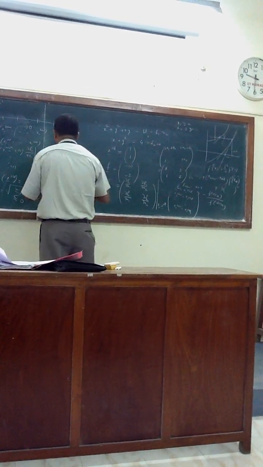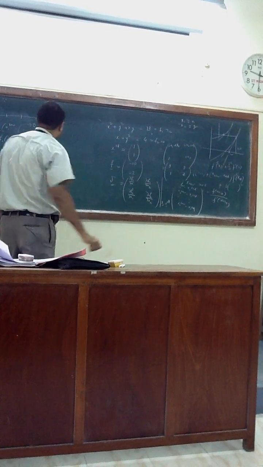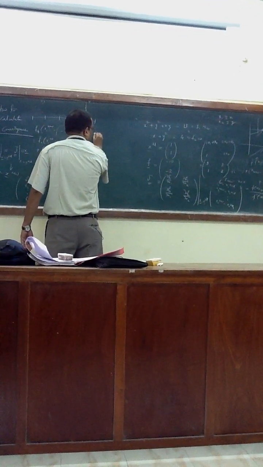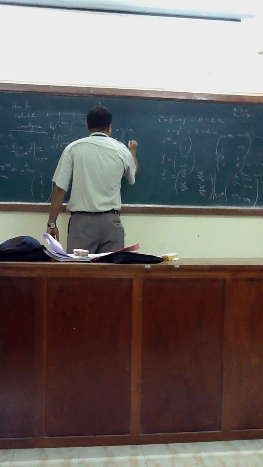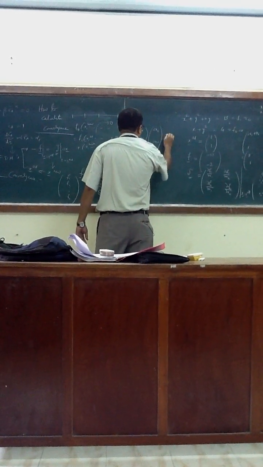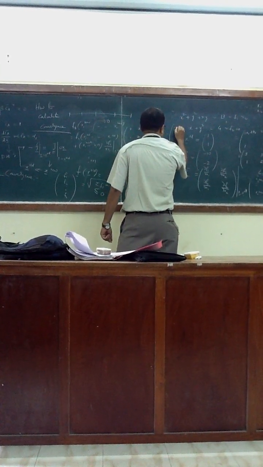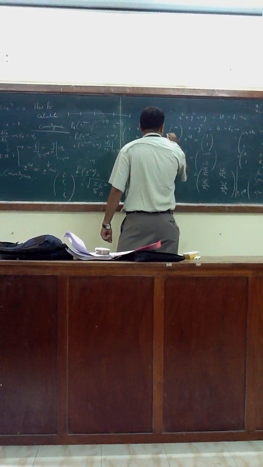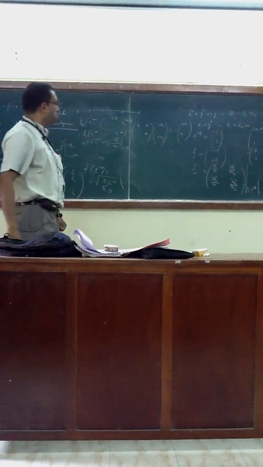Now you can do the iteration by hand. How to do that? The matrix 3, 3, 1, 2 times delta x1, delta x2 equals the right-hand side, 10 and 2. What's the solution?